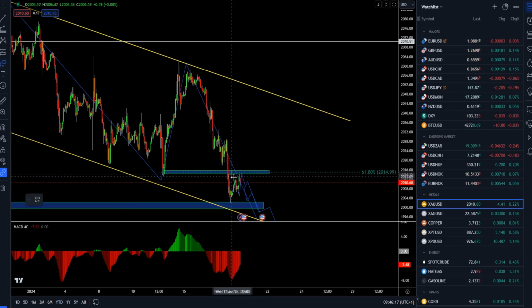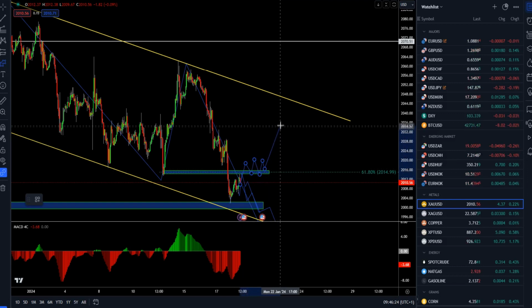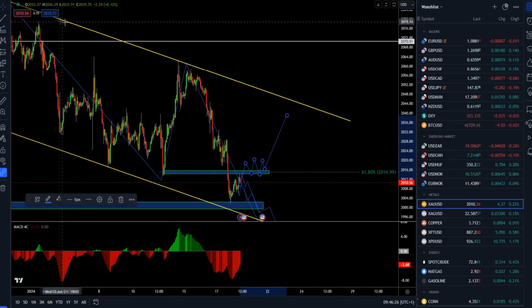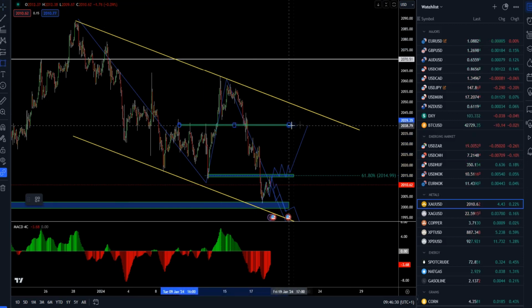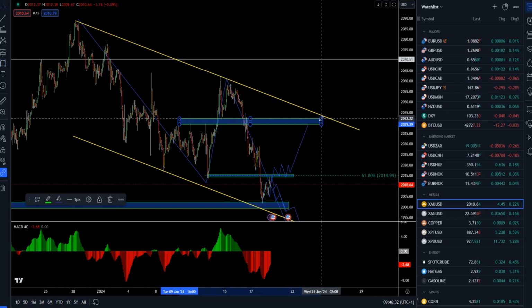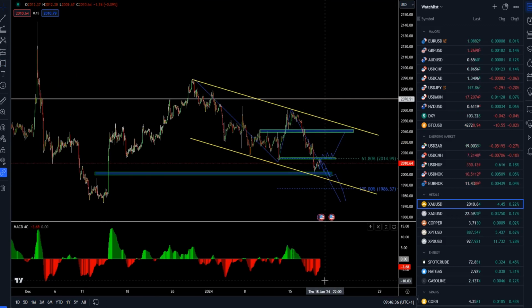The alternative scenario for the upside will be if the market can regain 2017, hold above. Potentially we might see the retest of this declining trend line, and also the area where we got those multi-swing highs from here. This is the alternative scenario because the momentum is to the downside and projection is still to the downside.